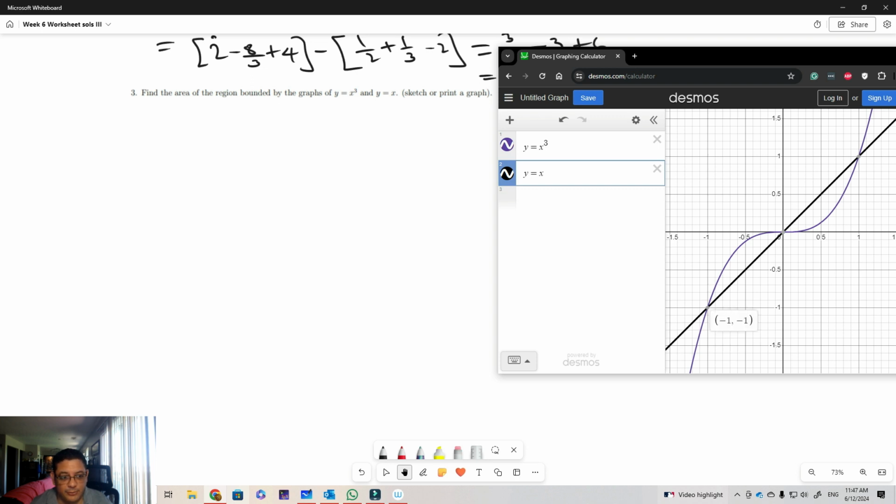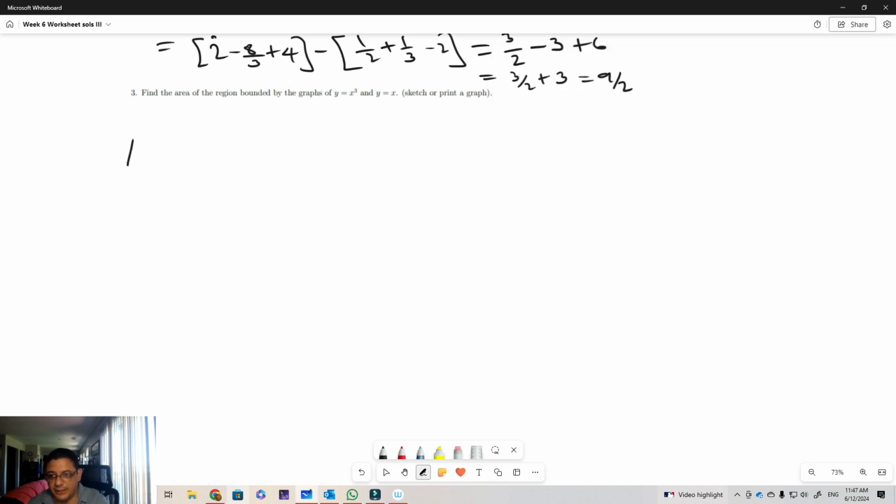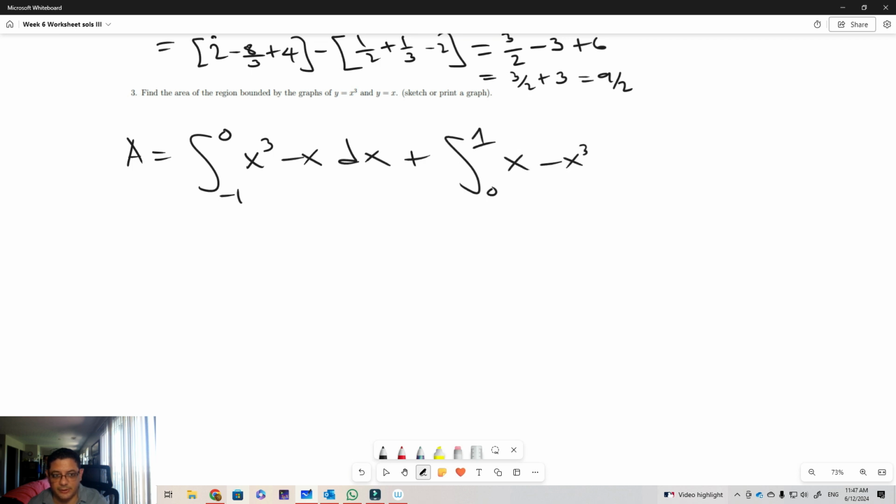From minus 1 to 0, x cubed is on top, and from 0 to 1, x is on top. So to find the area here, you have to be very careful because it's going to be split in 2. It's going to be the integral of x cubed minus x, and then plus the integral from 0 to 1 of x minus x cubed.